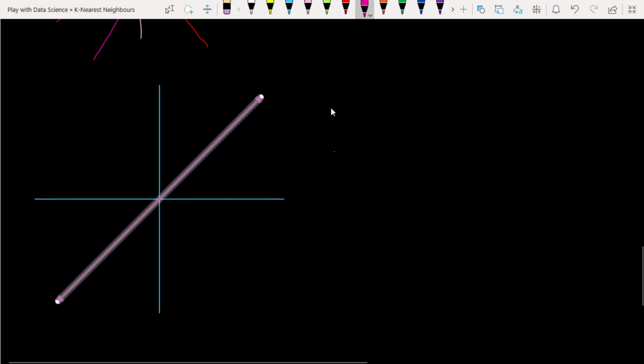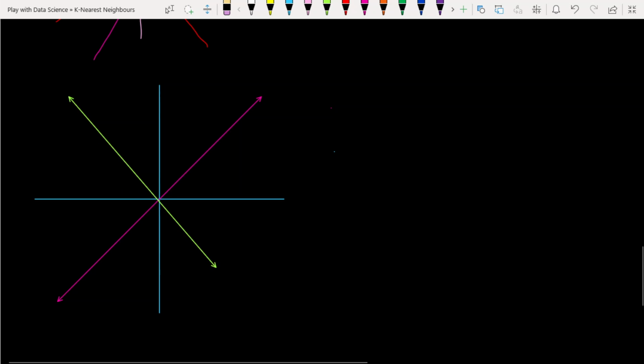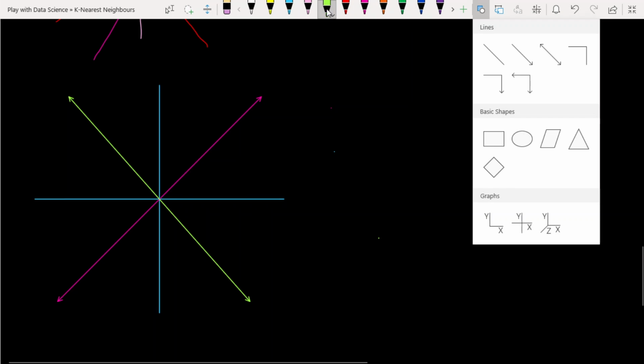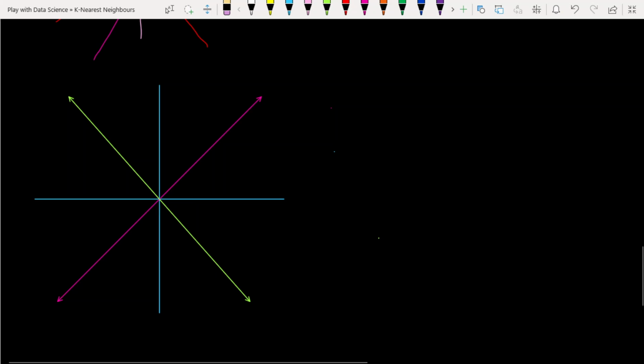Suppose let's take one hyperplane, another hyperplane, and I am considering another hyperplane in such a direction.